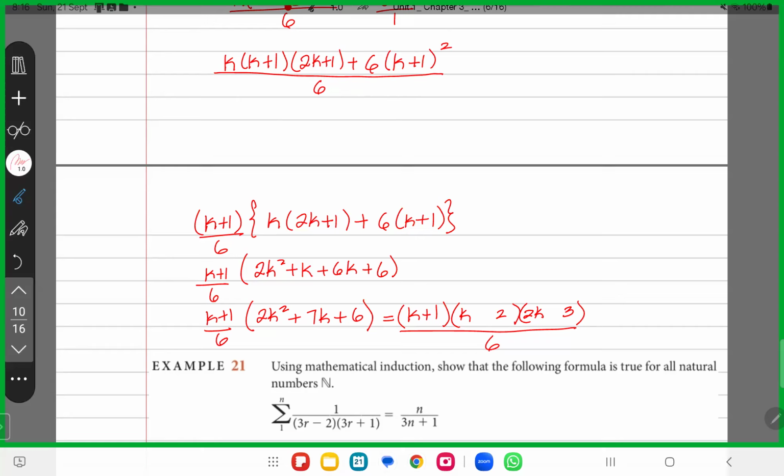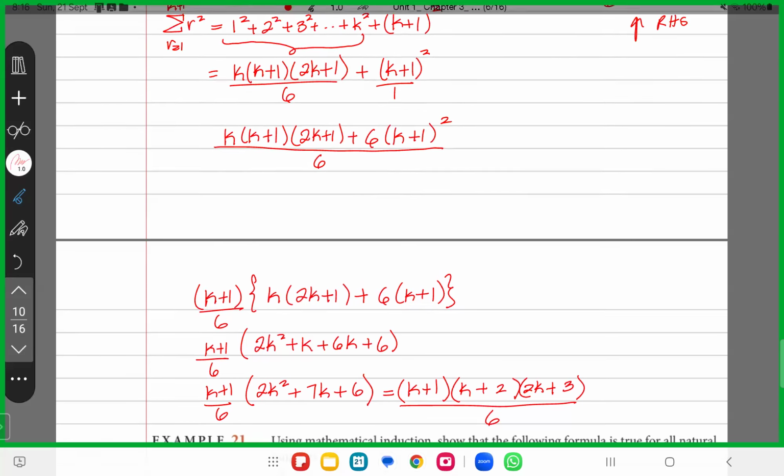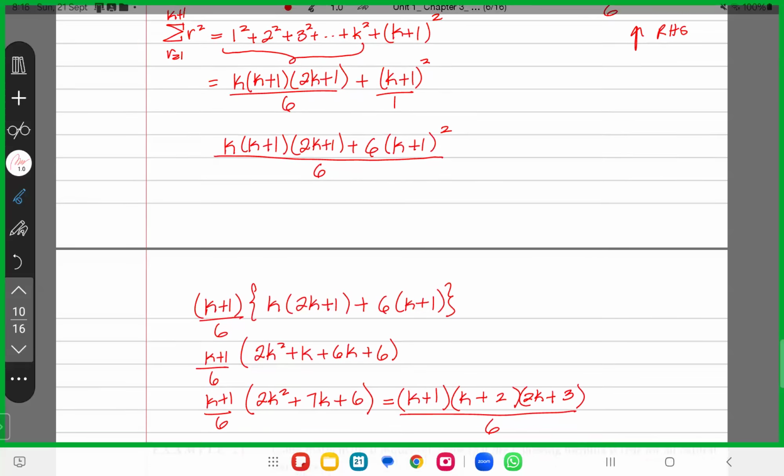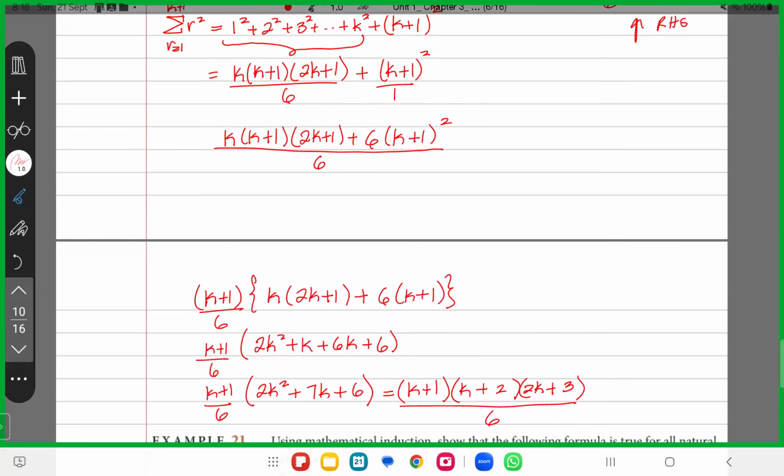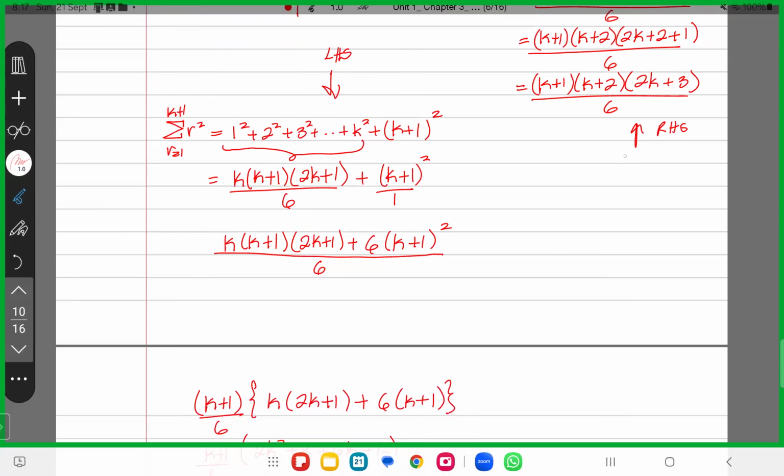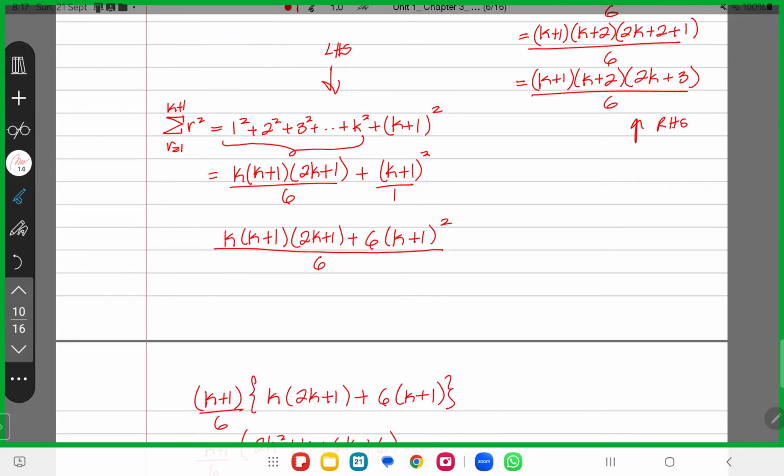As I said, it's trial and error. Let me see if this will work. 3k plus 4k is 7k. So this will work, and this is my answer. Remember, we were working the left side for it to become the right side. Let's look at the right side now and see if it's the same thing. (k+1) multiplied by (k+2) multiplied by (2k+3) all over 6. As you can see, it's the same thing. So that ends step 3.